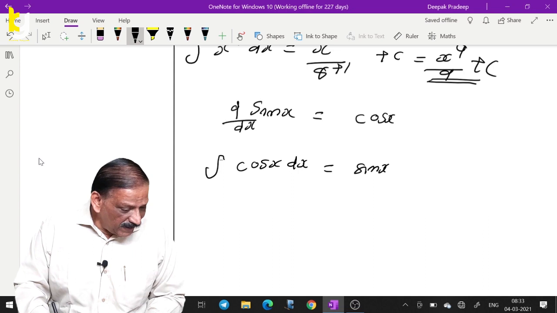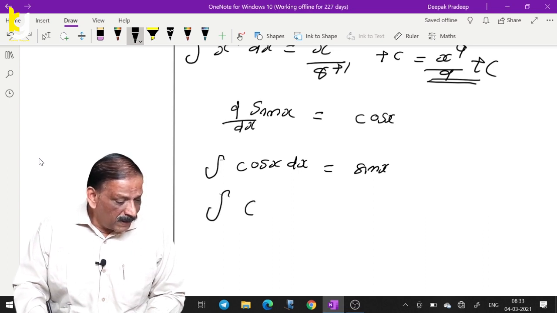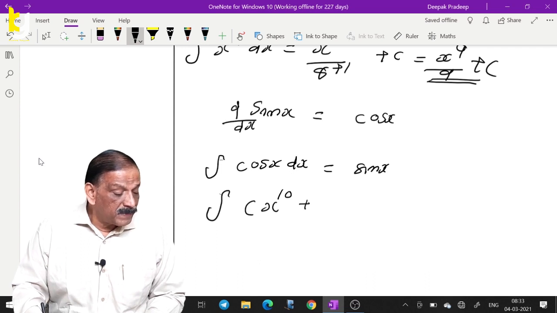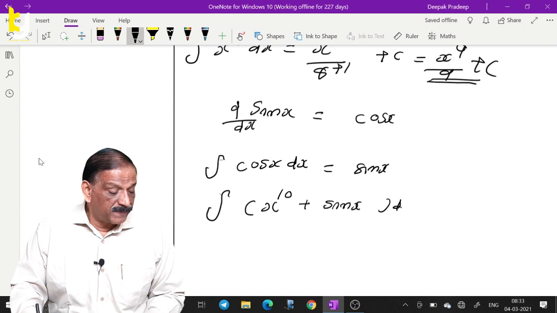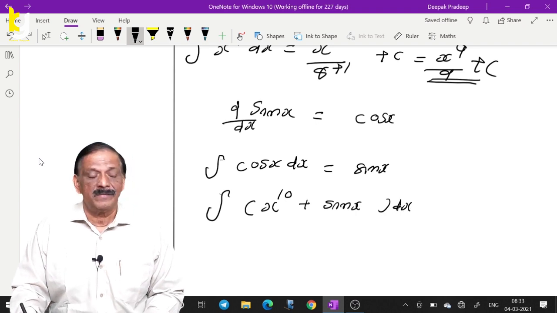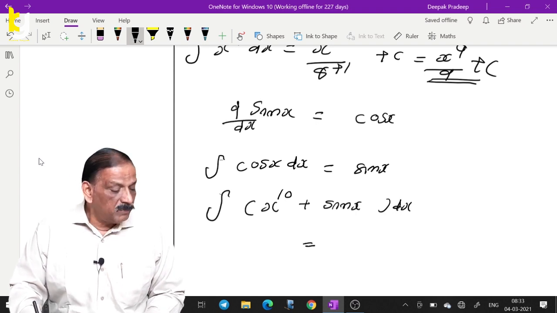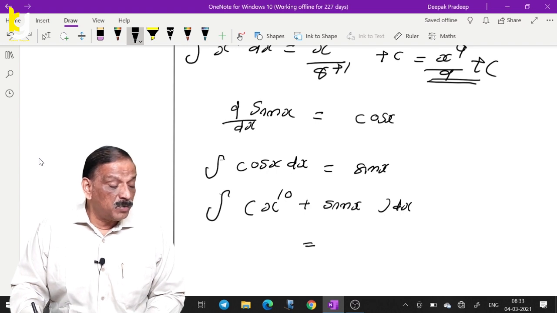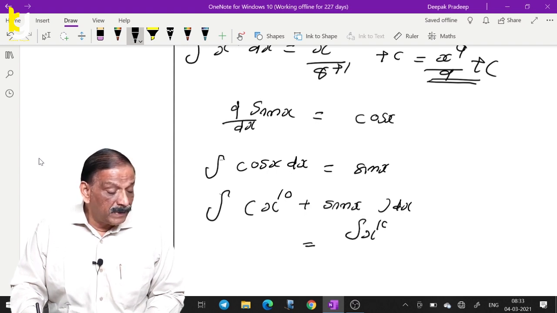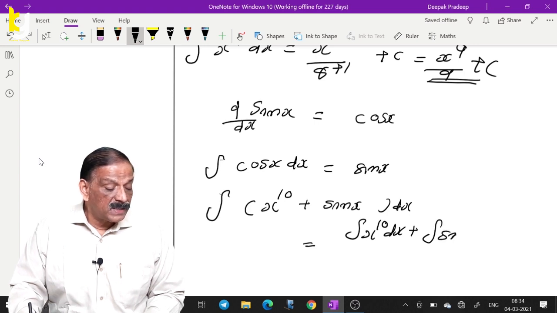So that is integral of x to the power of 10 plus sin x dx. What is it? That is equal to integral x raised to 10 dx plus integral sin x dx.